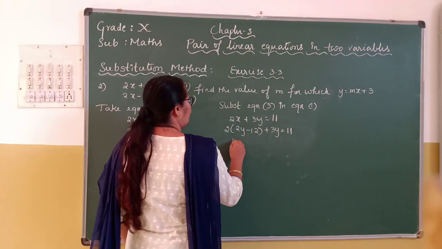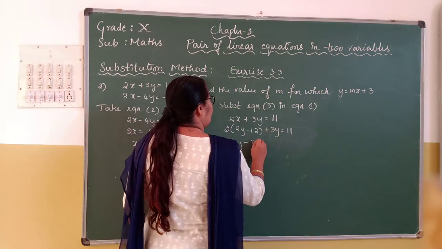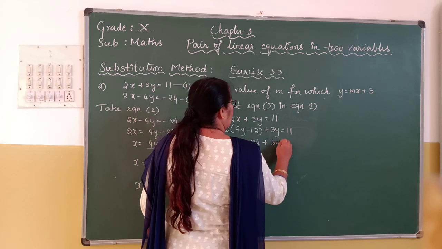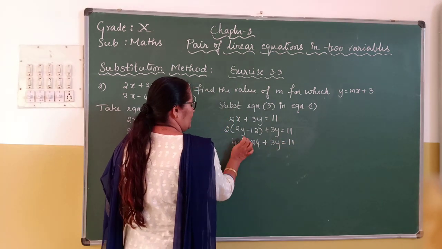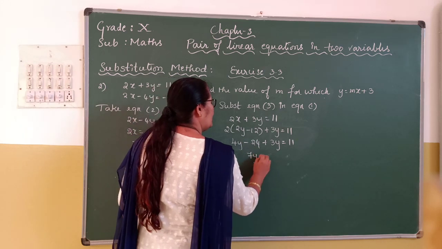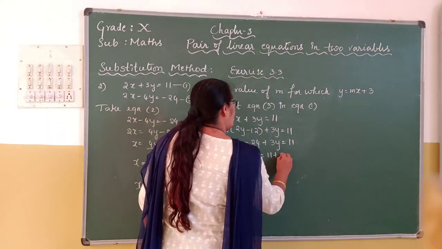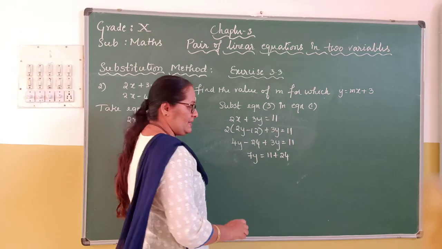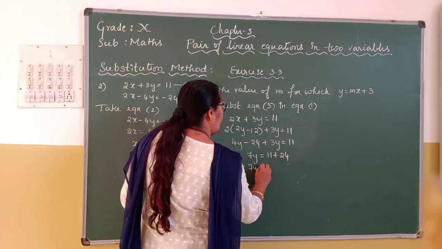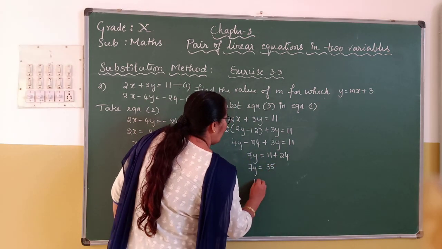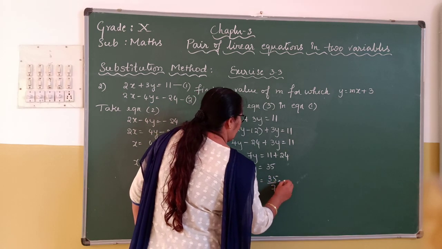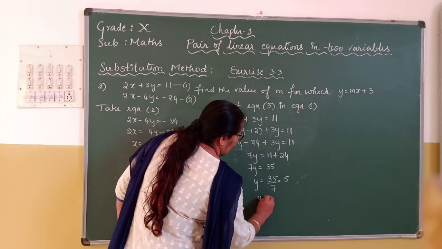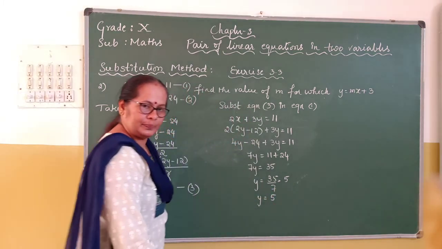2 into 2, 4y minus 24 plus 3y equals 11. So 4y plus 3y is 7y equals 11 plus 24. 11 plus 24 is 35. So y equals 35 by 7, which is 5. So y equals 5.